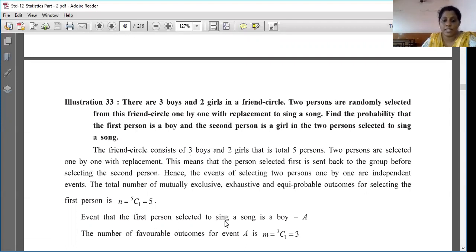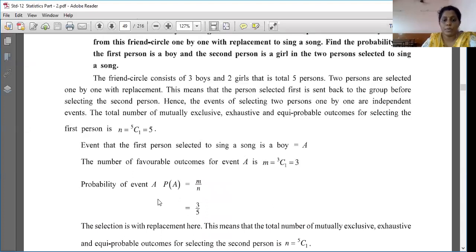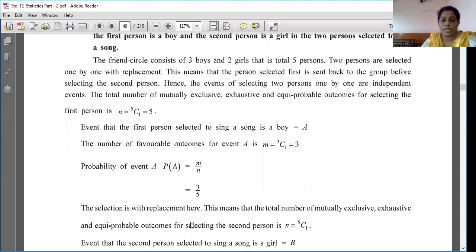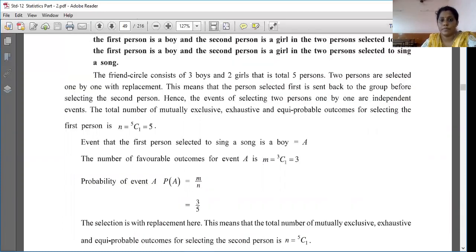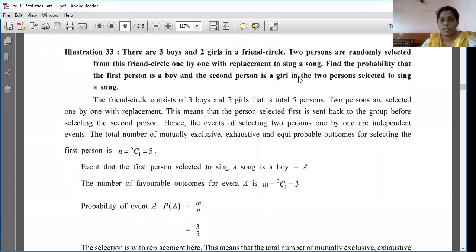So the first person selected is a boy, that will be A. So P of A will be M upon N, for boys it is 3C1, that is 3 by 5. Now your second condition is that the second person selected is a girl. The condition is one by one with replacement.